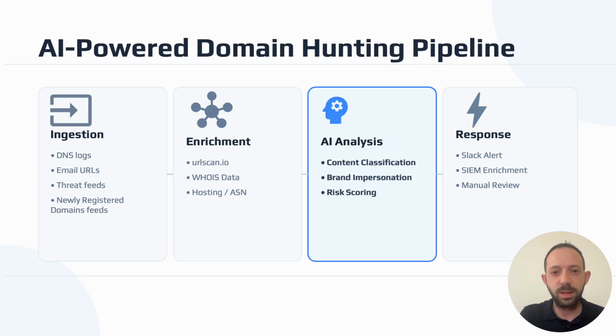So basically it enables faster response, better prioritization, and reduced noise, because I don't need to investigate every domain. The AI will do it for me. I just need to react upon this, and I'm not replacing the analysts or the researchers.